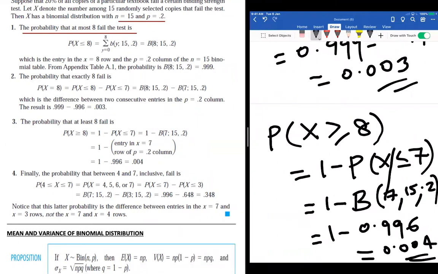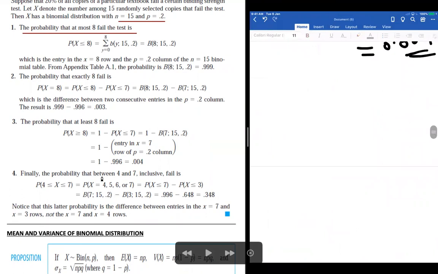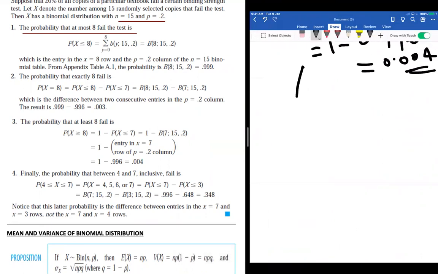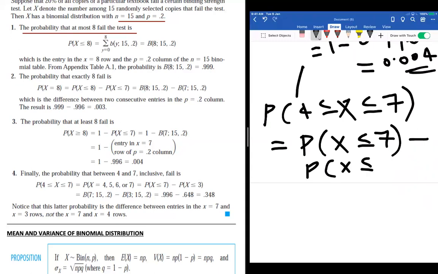Now, finally, another example: the probability that x is between 4 and 7, P of 4 less than or equal to the random variable X less than or equal to 7. This is equal to P of X less than or equal to 7, the sum of all probabilities up to 7, minus P of X less than or equal to 3.